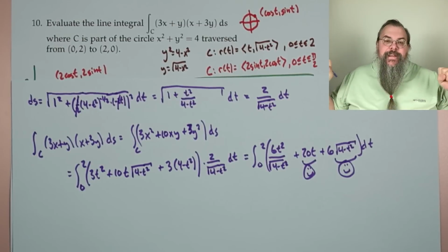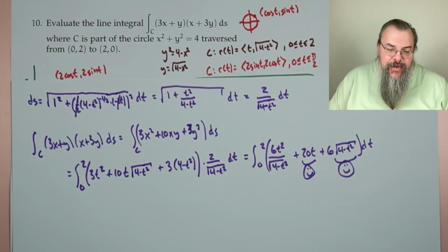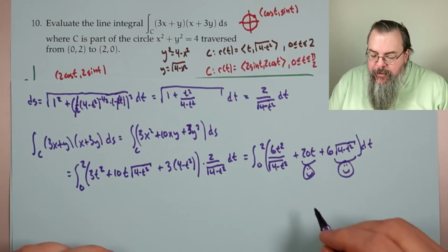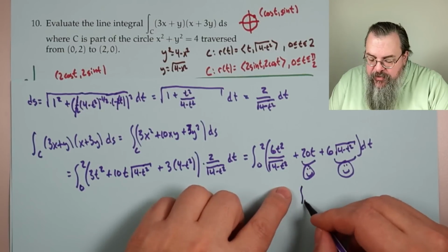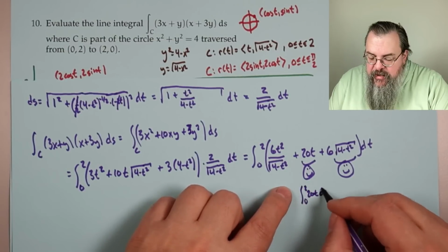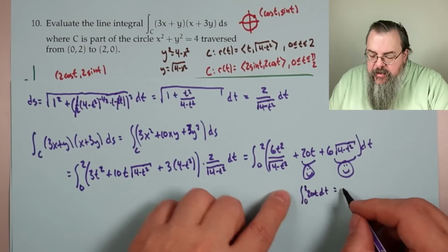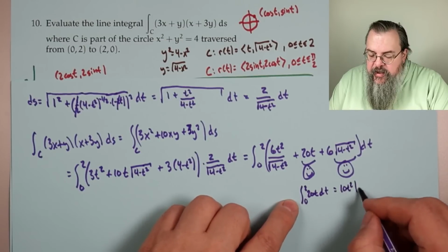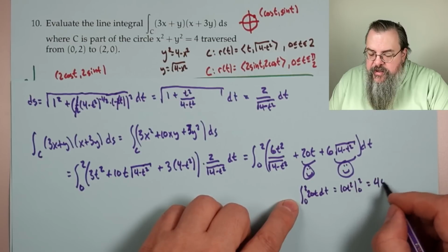Okay. So let's do the two parts that we can do. We'll do them right here. The integral from 0 to 2 of 20t dt is 10t squared evaluated from 0 to 2, which gives us 40.